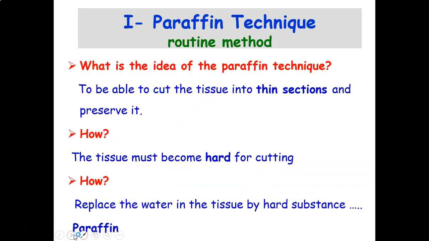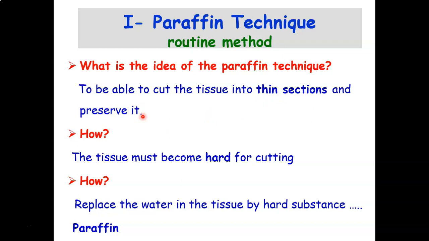Paraffin technique. It is the most common technique, and we call it the routine method. The idea of the paraffin technique is to be able to cut the tissue into thin sections and preserve it.